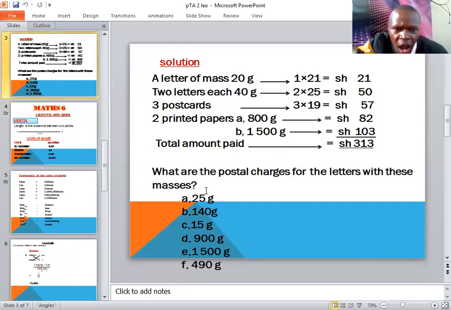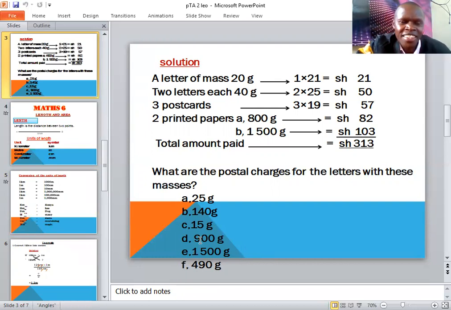Fine. We also have B, 140 grams, C, 15 grams, D, 900 grams, E, 1,500 grams, F, 490 grams. Remember, these are all letters. So you will be looking from the charges of letters.